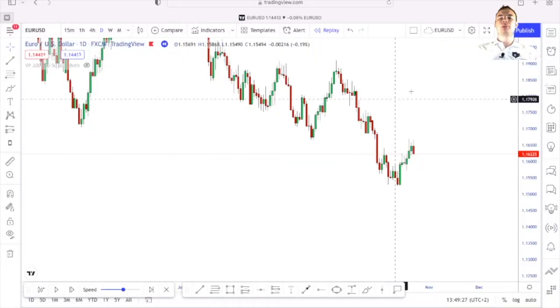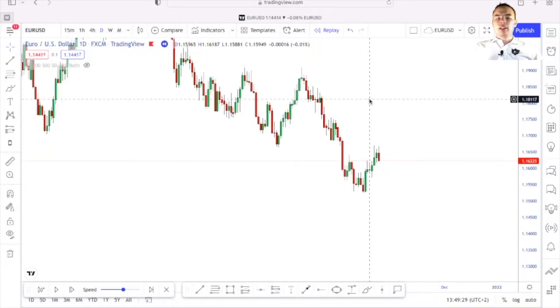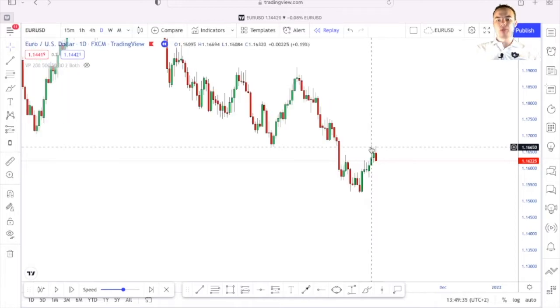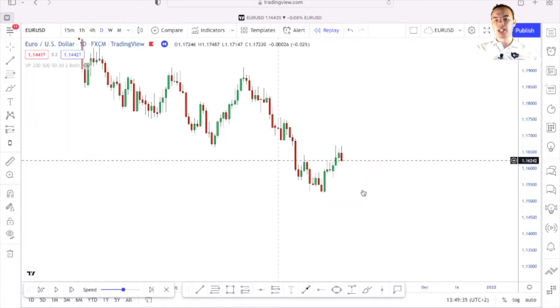So here's an example of using your position tools to calculate your risk to reward ratio. Let's say we're looking at this and we see that price is making lower lows and lower highs.